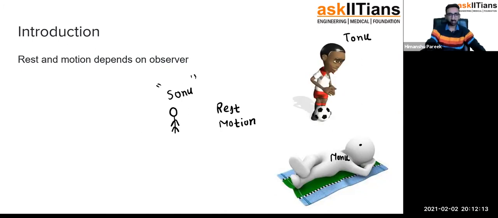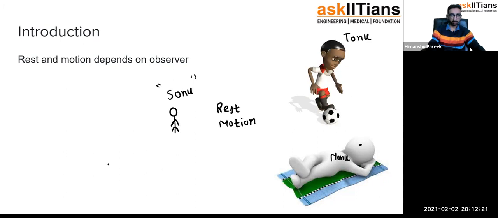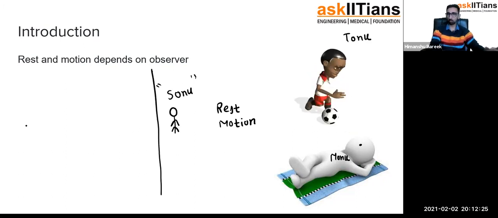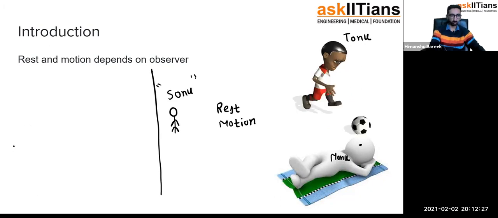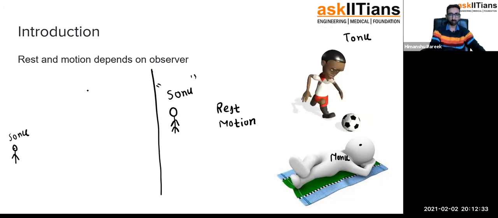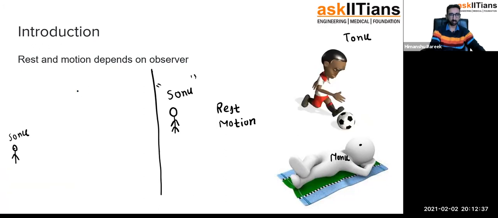Let us understand the same thing with a different example, rest and motion. So now let us bring another example. Three persons we can take: Sonu, Monu, Tonu. All right. So now let's say Sonu is standing here, and we have a car.